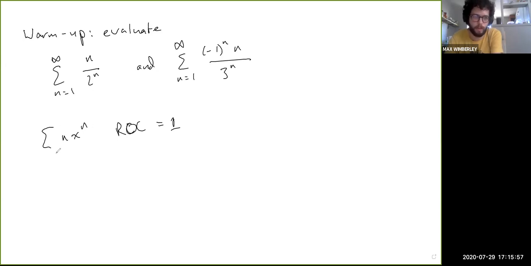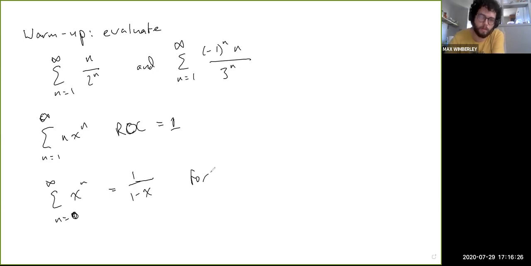of x, right? And so like we saw in the lecture, this you can obtain as the derivative, or sort of a modified version, you can get it from taking the derivative of x to the n. So we have the sum of x to the n from n equals 0 to infinity. It is 1 over 1 minus x for absolute value of x less than 1.